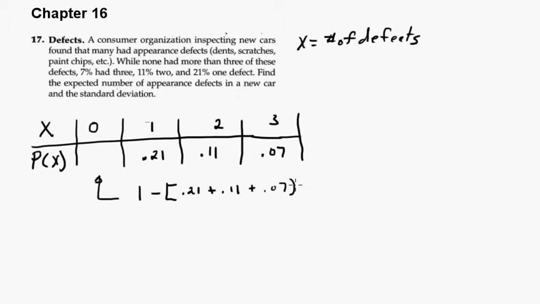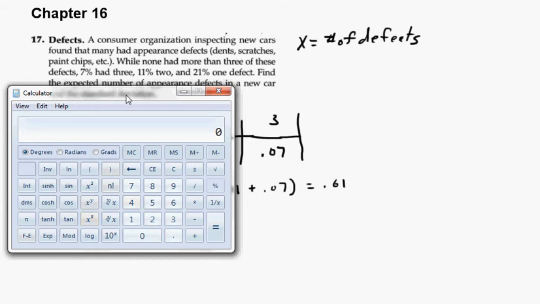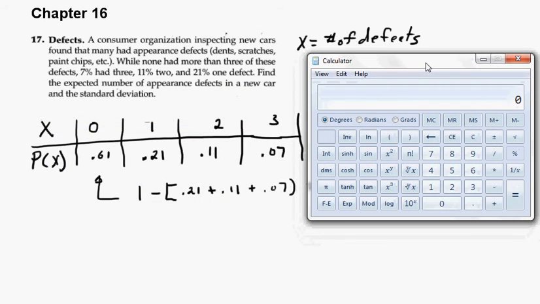And that comes out to be 0.61. I want to double check, get the old trusty calculator out: 1 minus 0.21 minus 0.11 minus 0.07.